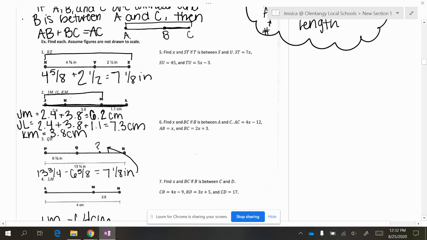Okay, these ones over here are going to be a little bit trickier. So number 5, find X and ST if T is between S and U. So let's first try to draw a picture.